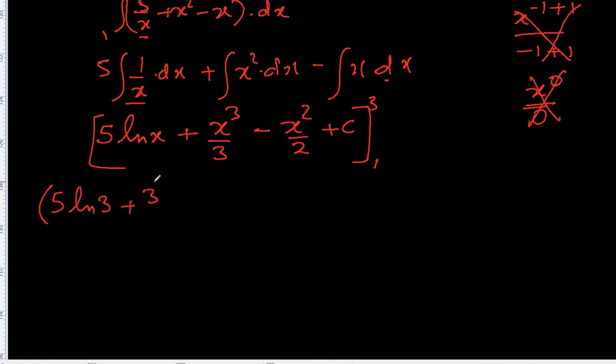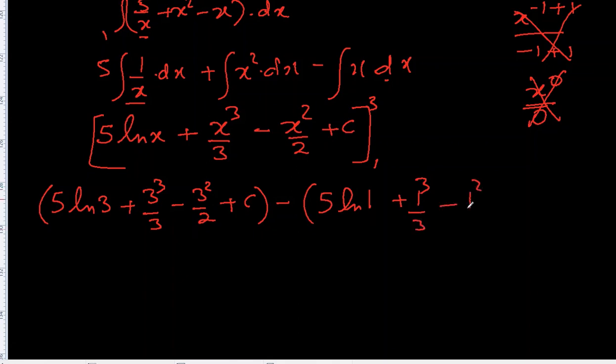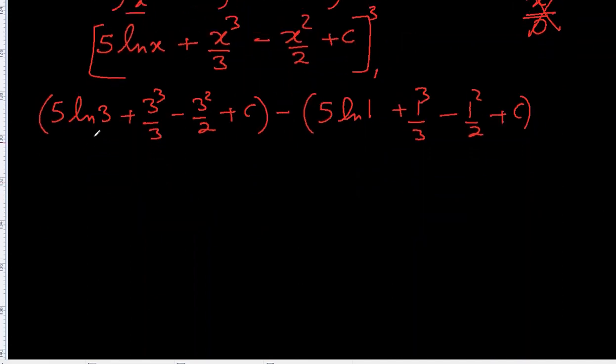5 ln 3 plus 3 cube over 3 minus 3 square over 2 plus c, minus 5 ln 1 plus 1 cube over 3 minus 1 square over 2 plus c. Okay, so this can be written as ln 3 to the power 5, isn't it?